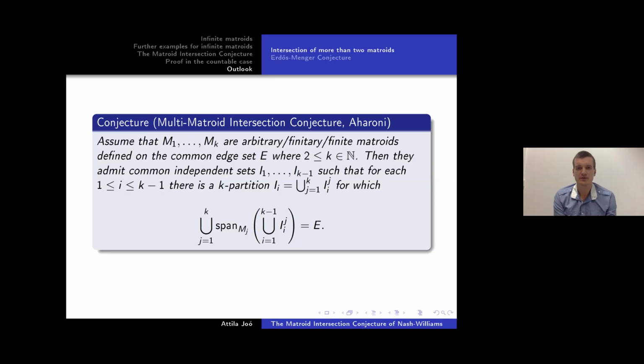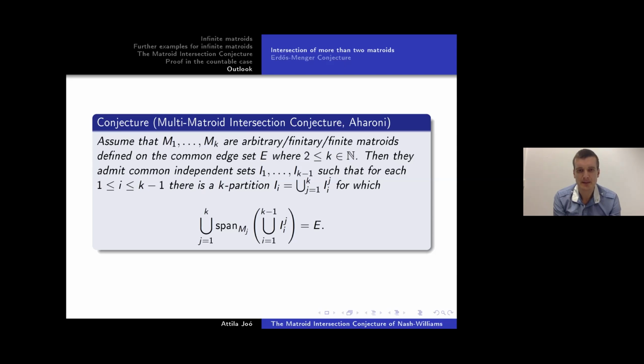It says that if we have k many matroids, arbitrary matroids, finitary matroids, or finite matroids on the common edge set, then we are able to find k-1 common independent sets, partitioning the edge set in such a way that if in every matroid we take the span of the edges assigned to that matroid, then the union of these spans gives the whole edge set.